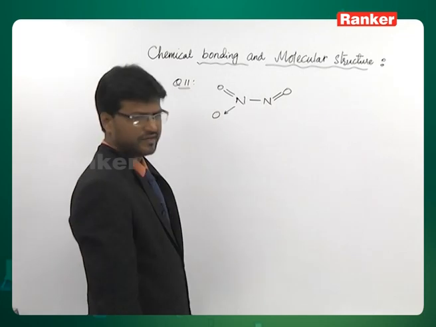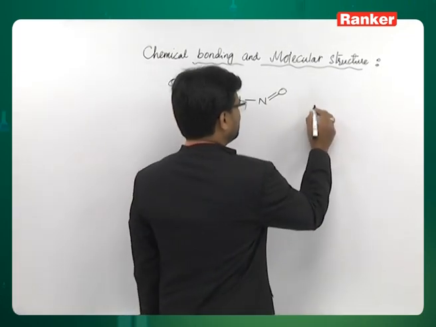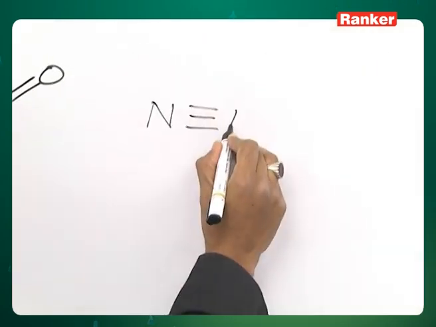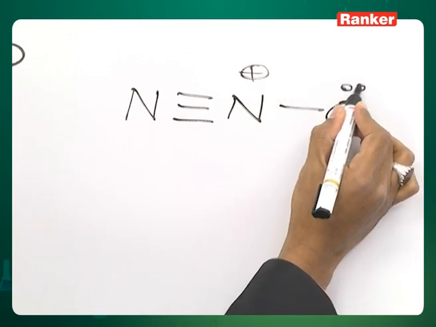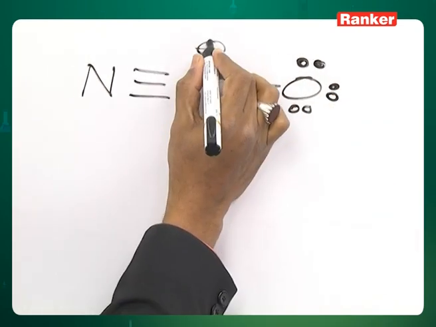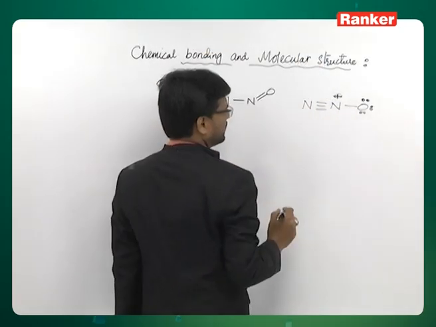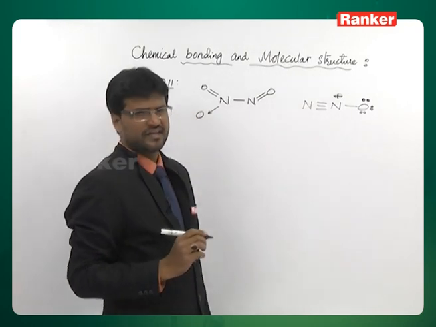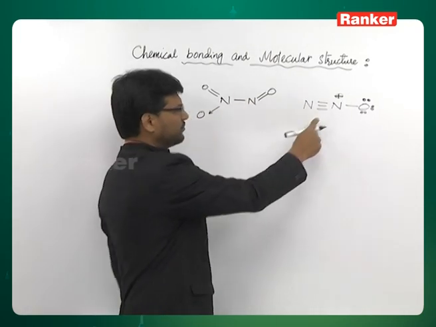This is N2O3 and then this is N2O. N2O has an NN triple bond, so it is shorter obviously than this. So, this is ruled out.